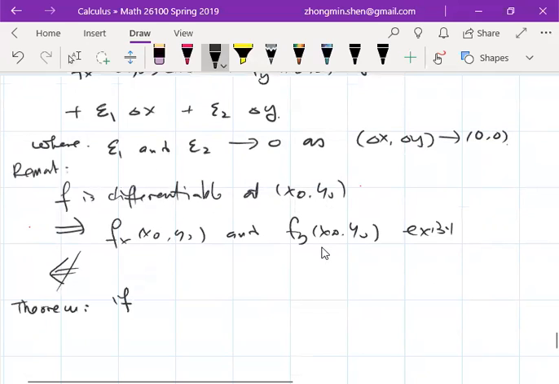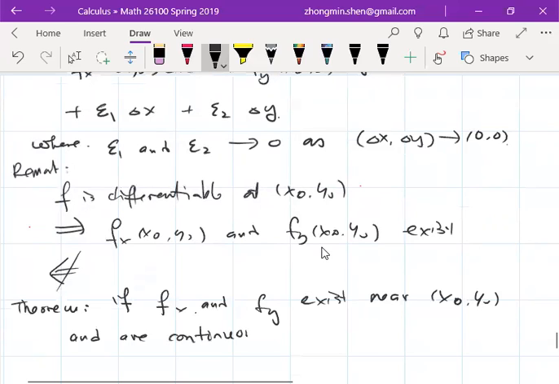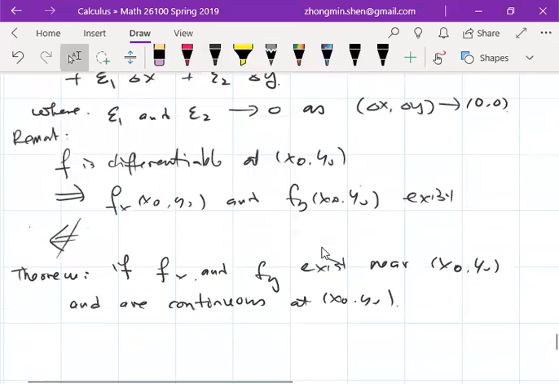So if f sub x and f sub y exist near the point x naught, y naught and are continuous at that point, then you must have the above property.